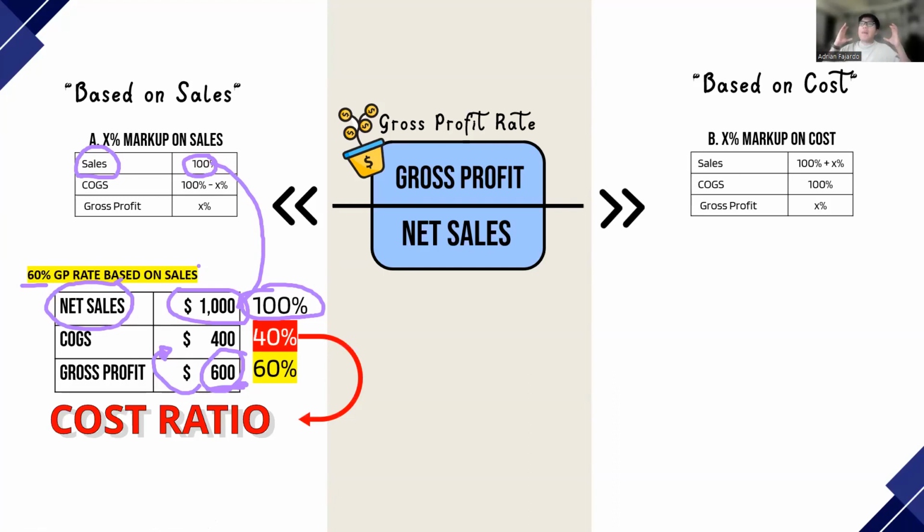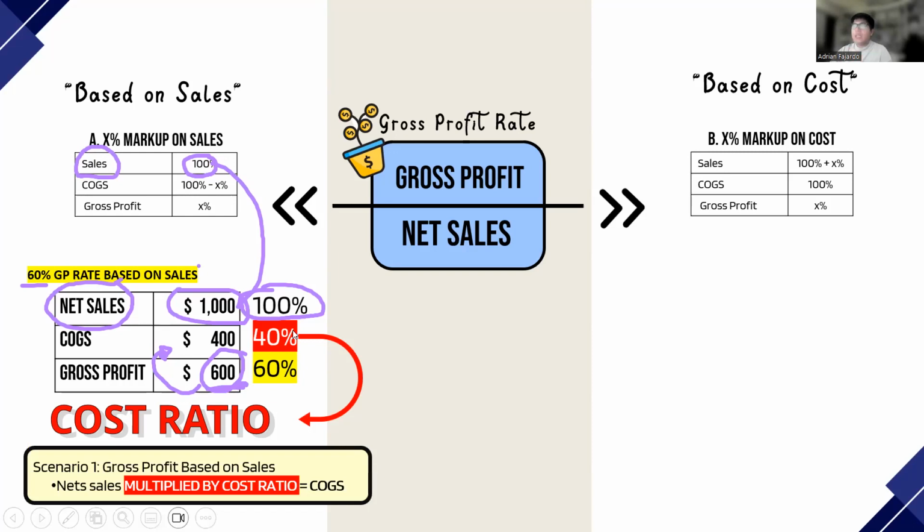So, based on sales or percentage markup based on sales will give you what you call your cost ratio. And cost ratio is just net sales multiplied by your cost ratio is equal to your COGS. So cost ratio is just basically 1 minus your 60% or gross profit rate based on sales.